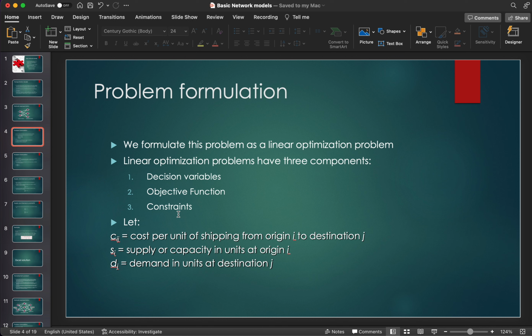Constraints are things like limited manpower or limited material, something limiting you. In this case, you have limited supply at supply locations, and a certain demand at demand locations. Either all demand has to be satisfied, or you cannot supply more than a certain amount from a supply location. All of these form constraints. The way you represent constraints mathematically is using either equations or inequalities, and that's something to keep in mind.